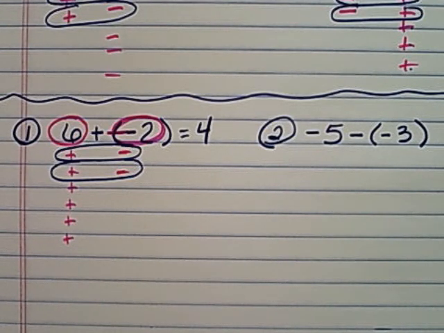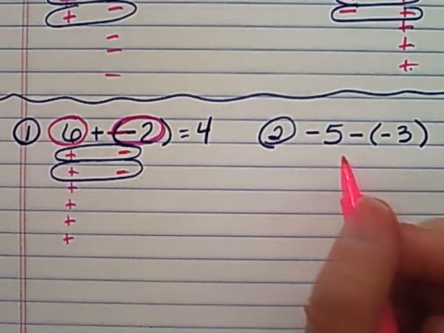Minus negative 3, when you have the two, a minus and a negative, that makes it positive, so it makes it a positive 3. Then you have 5 negatives, so put your minus signs underneath it. And you have 3 positives, so put your plus signs underneath it. And go ahead and circle your 0 pairs. And what you have left is your answer.